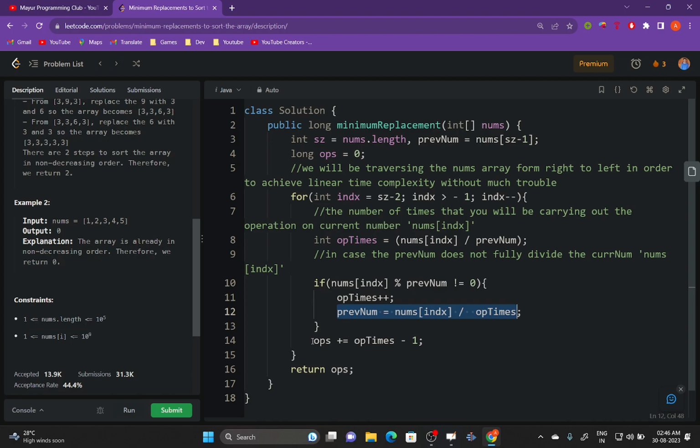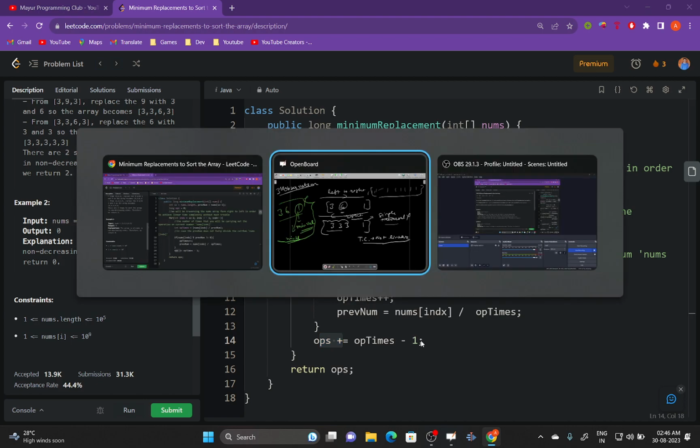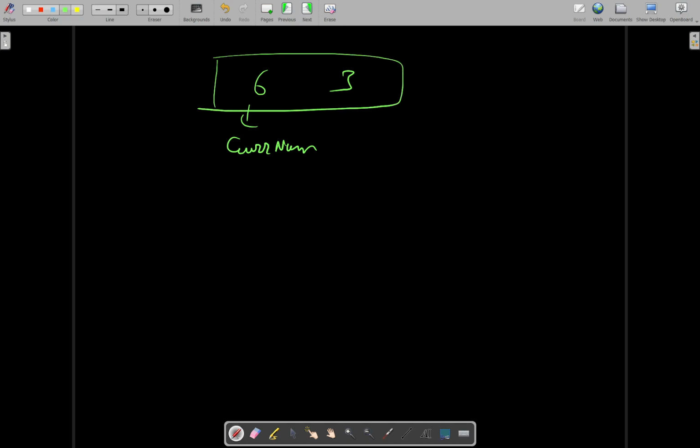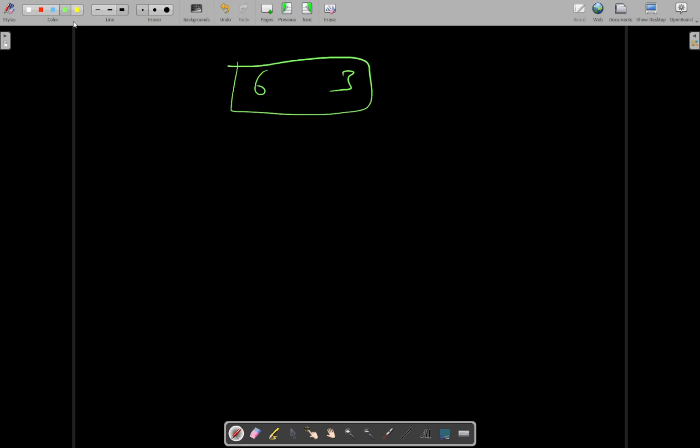And the total number of operations will be increased by the operation number of times minus 1, because you can see here also, let's say 3 and 6 were given to you. Basically, if a two size array is given to you, you can decide which one you will call current or previous.